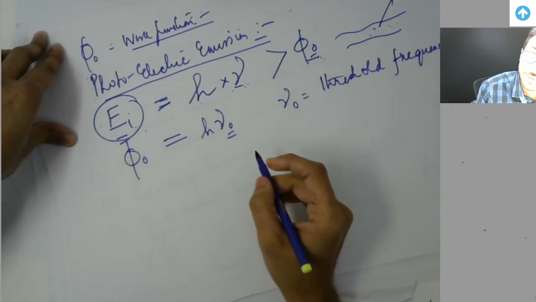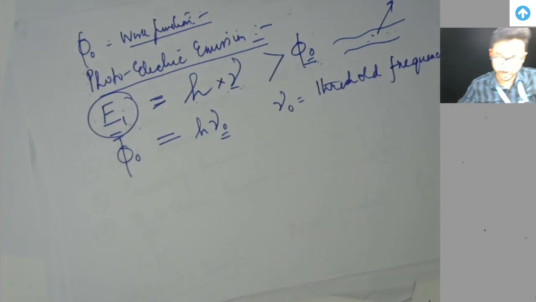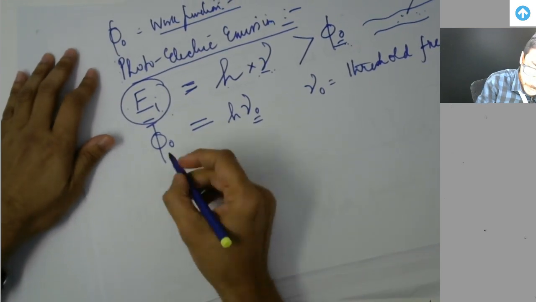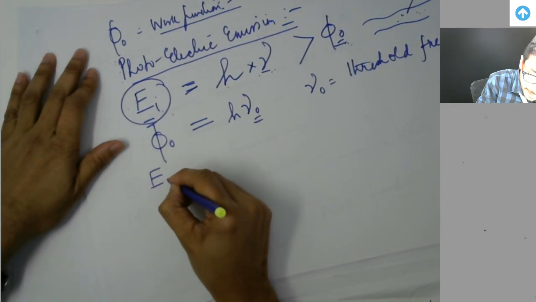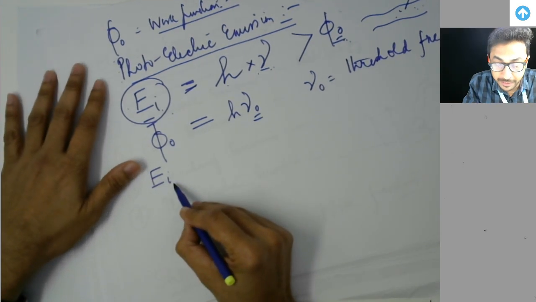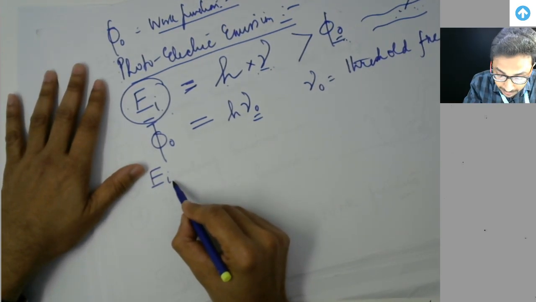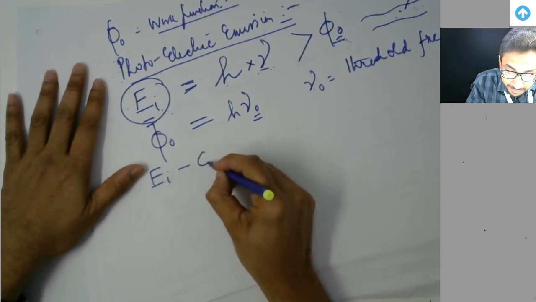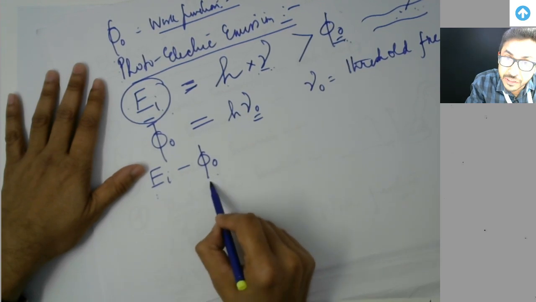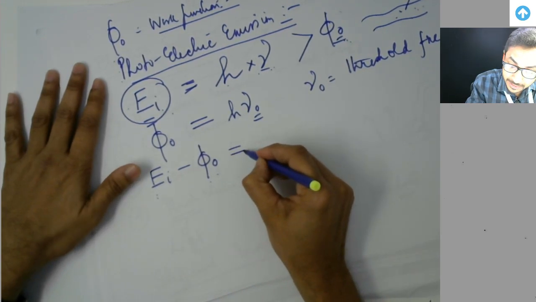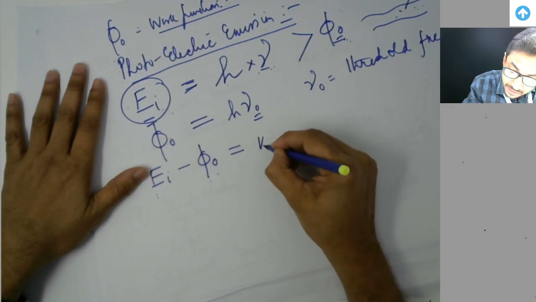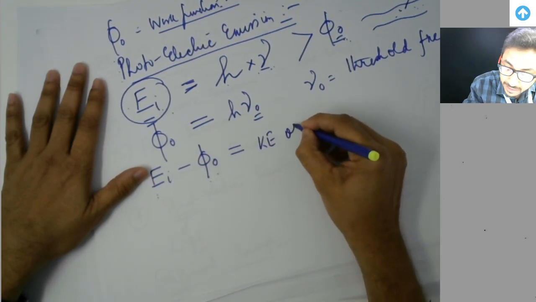Therefore, if EI is the incident energy and phi 0 is the work function, then the remaining energy should be utilized to provide the kinetic energy of the emitted electrons.